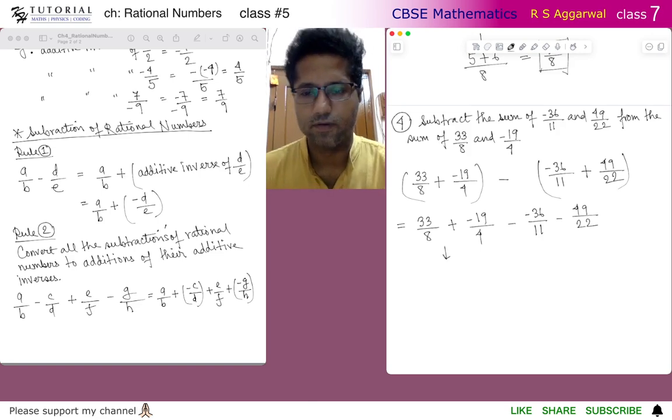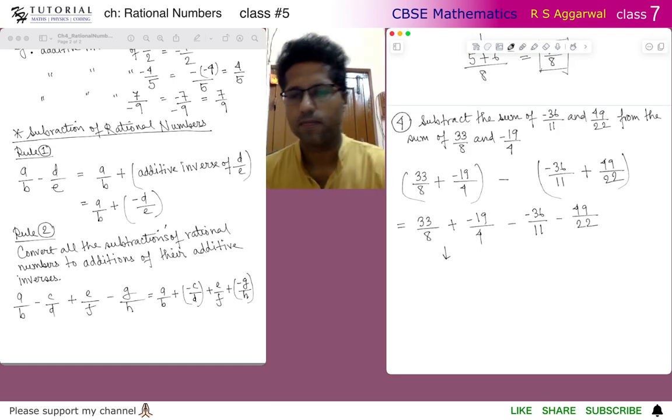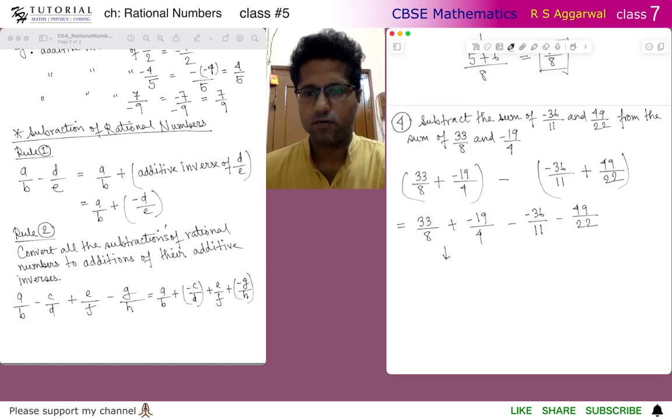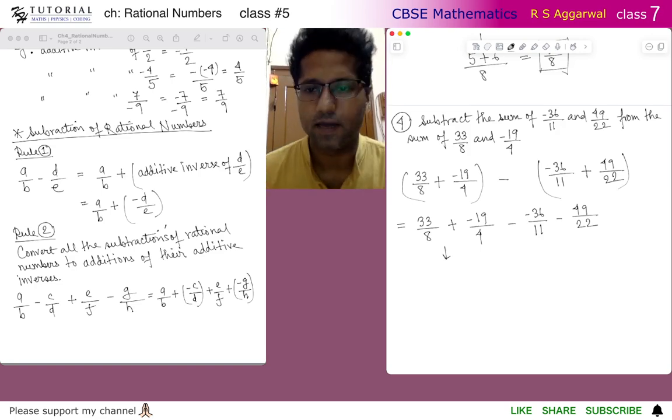Now whenever we have subtraction in the rational numbers, or in fact in any other numbers, you convert the subtraction to the addition of the additive inverse.